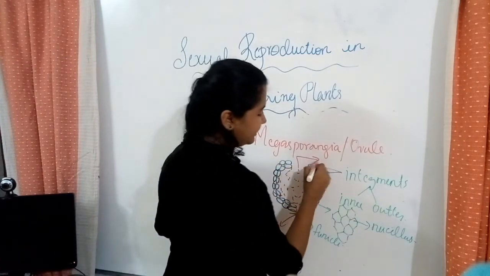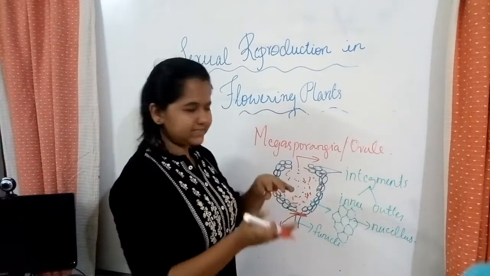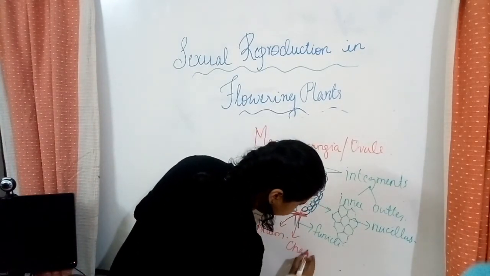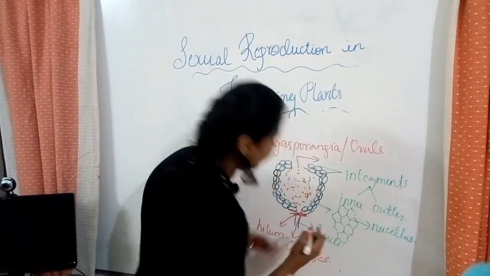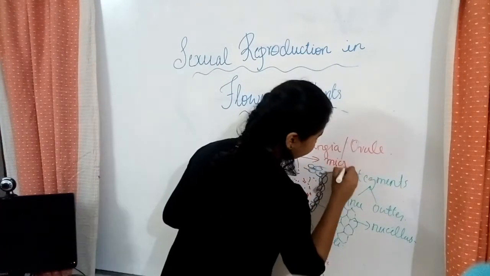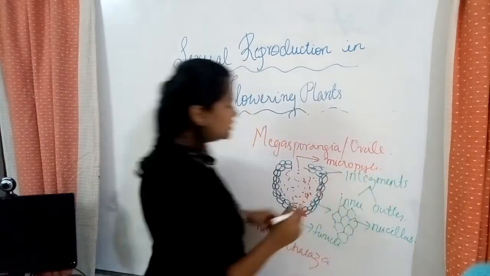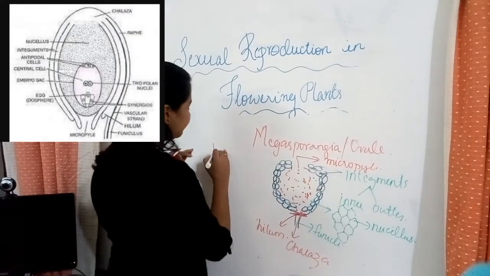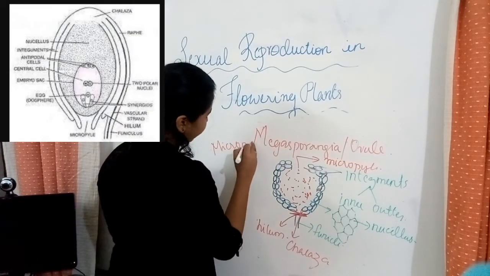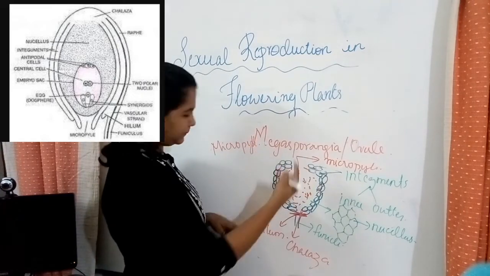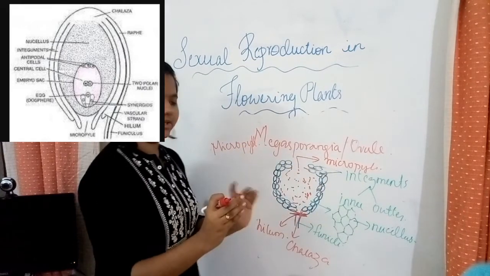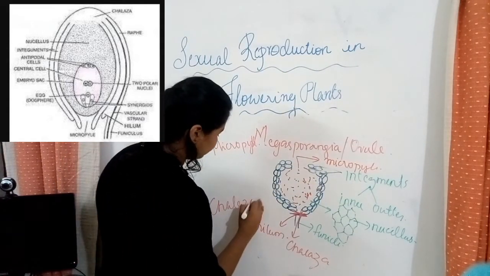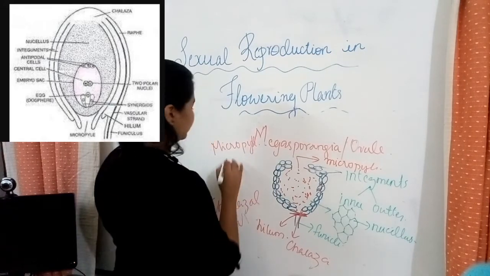Over here there are two parts of the ovule: the chalazal end and the micropyle. The upper one is the micropyle, and the bottom one, where the funicle or the hilum is, is known as the chalazal end.